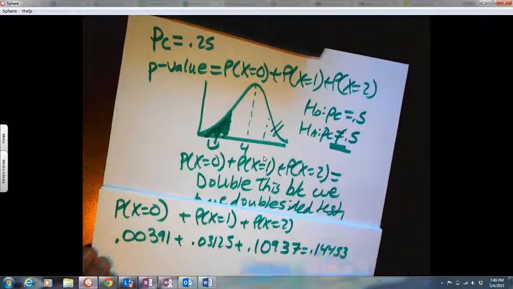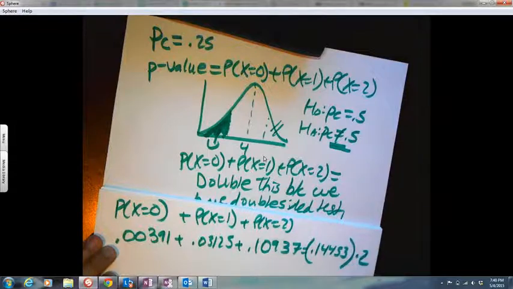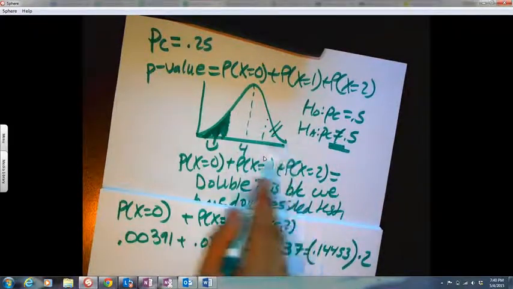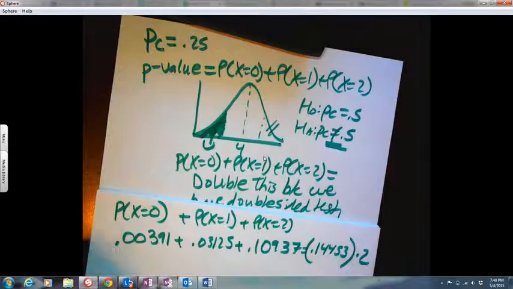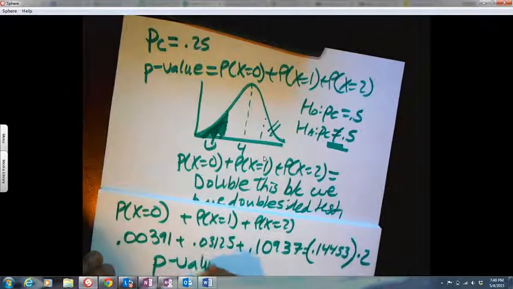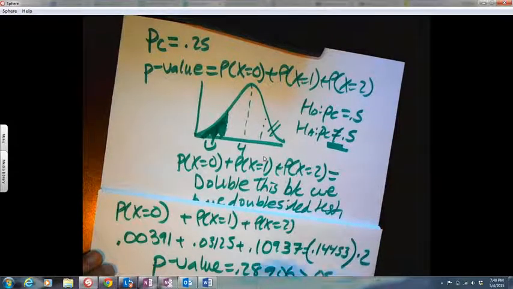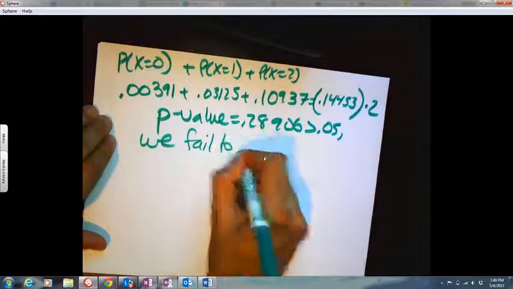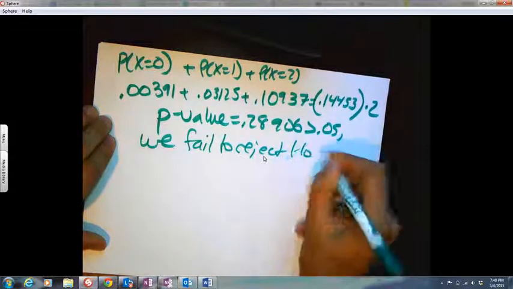Why multiply it by 2? Because you have a double-sided test, right? A does not equal, which means you're doing a double-sided. Multiply this by 2. And your p-value equals 0.28906, which is greater than 0.05. So therefore, in answer to the question, we fail to reject the null because the p-value is greater than 0.05.